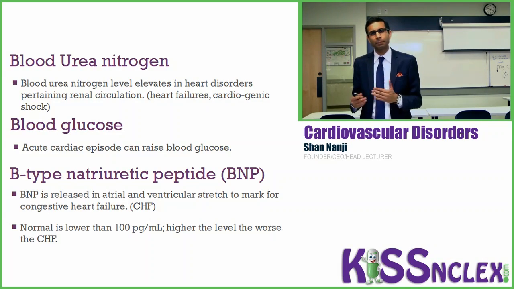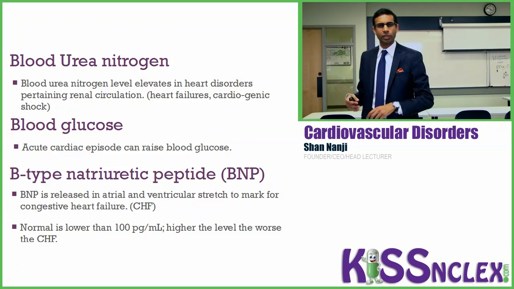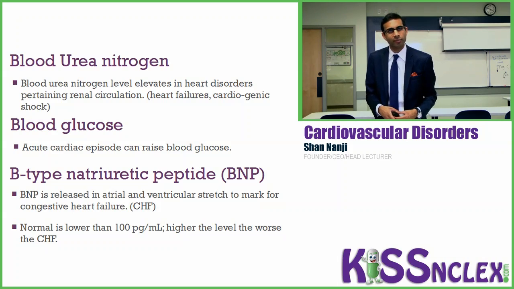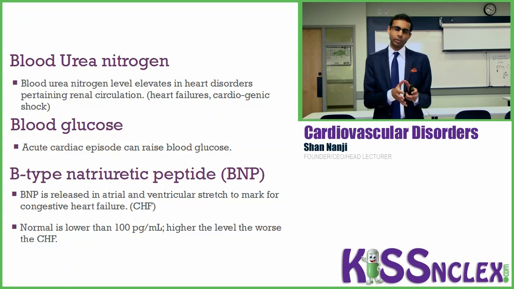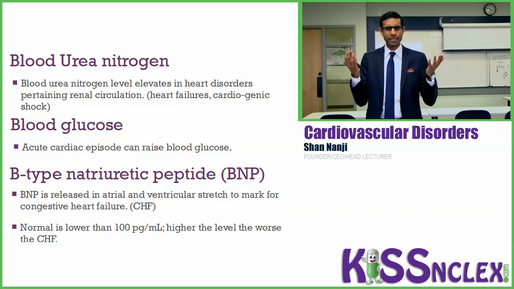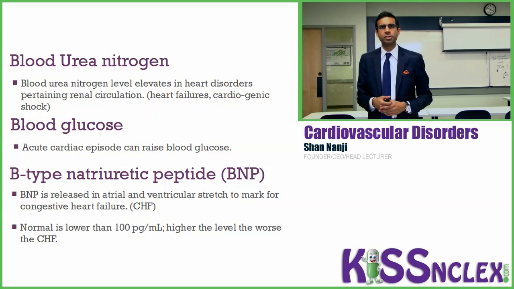And let's talk about BNP and ANP. BNP is B-type natriuretic peptide, which is released in the atrial and ventricular areas due to stretch, and that marks CHF, right? So you will see BNP levels rise when stretch or stress on the ventricle and atria is increased.